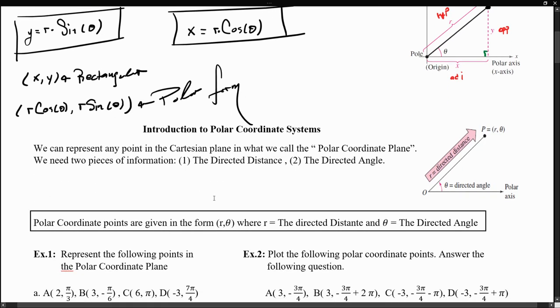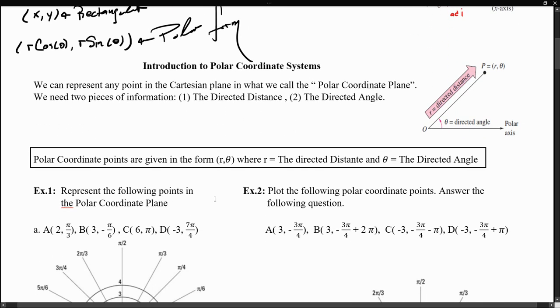Now, like we just introduced in our introduction question, we can represent any point in the Cartesian plane in what we call the polar coordinate plane. And in order for us to properly define a position on a polar coordinate plane, we need two things.